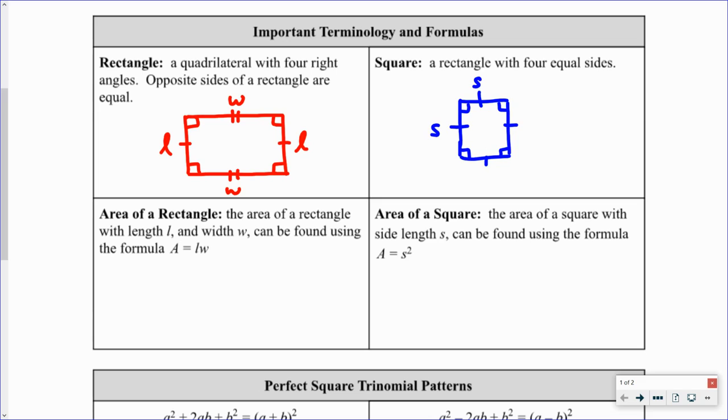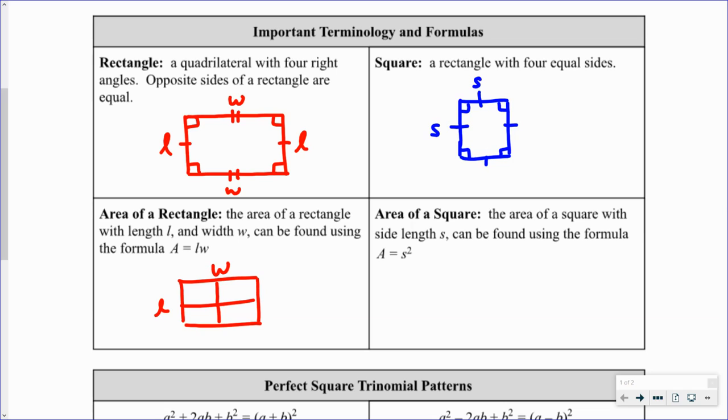So again, to find the area of a rectangle, we just multiply the length and the width together. What we've been doing recently is breaking up the length and the width into four regions and using that to help us factor.